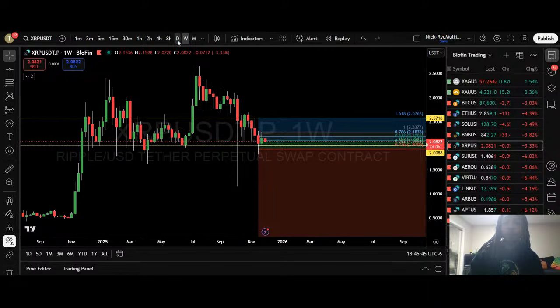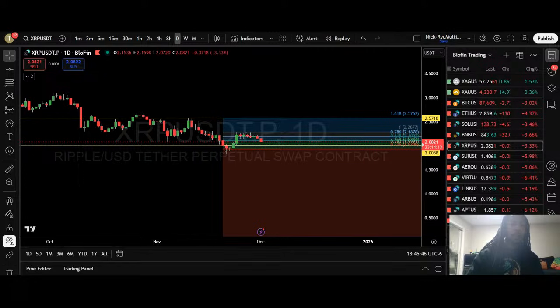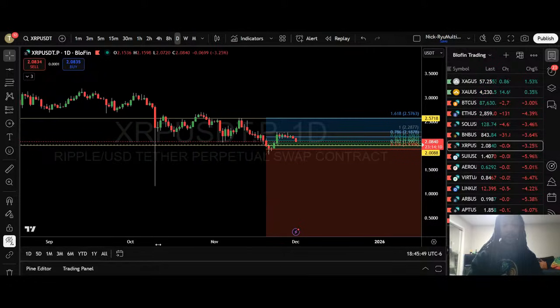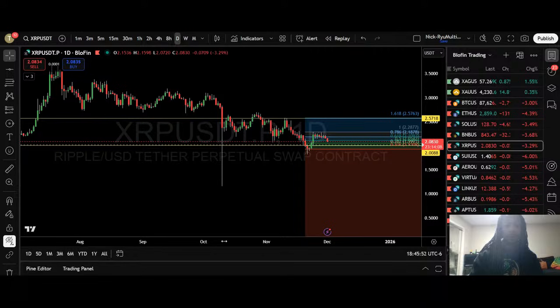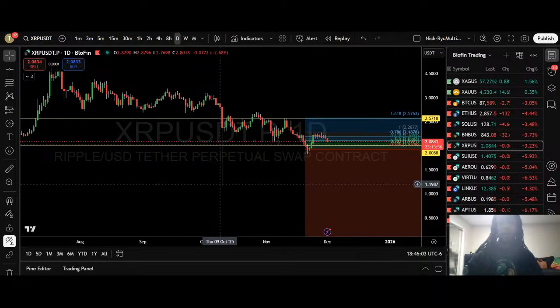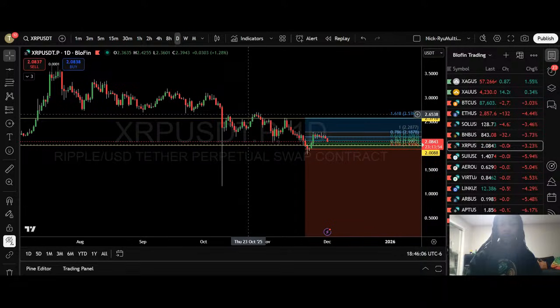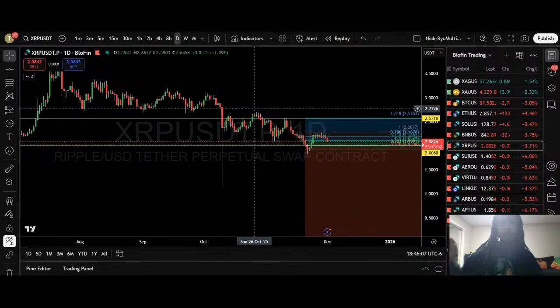Zooming in to the daily, we've been in a downtrend on XRP, like I said, since July. Since here, you've been creating lower highs and lower lows. Lower high, lower low, lower high, lower low with the black swan event. But even with that correction, we wanted to be bullish, and I wanted to be bullish on multiple assets.